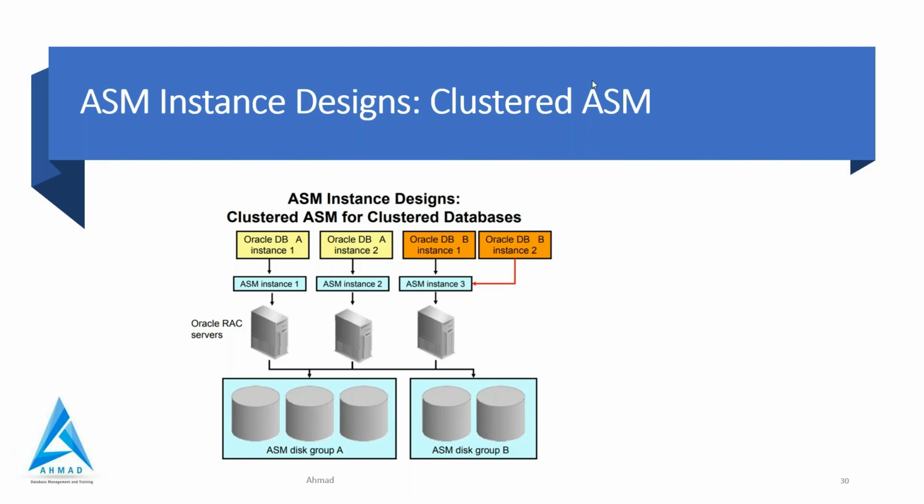The ASM instances coordinate with each other when provisioning disk space from the two disk groups. In this diagram, ASM provides storage consolidation and RAC provides database consolidation. So this is a mixture of both storage consolidation and database consolidation, so that you can configure.